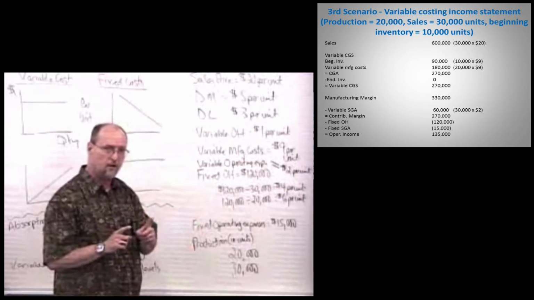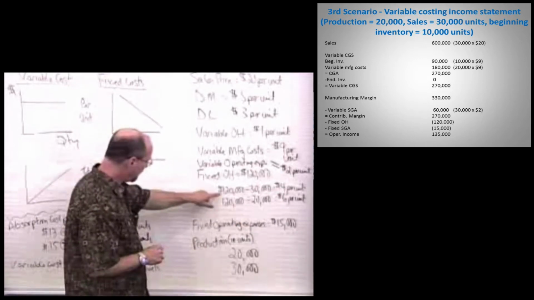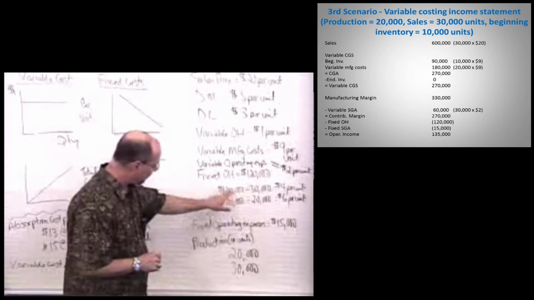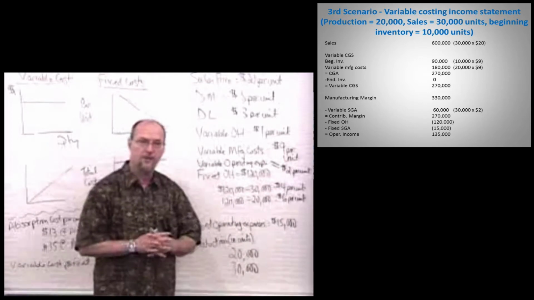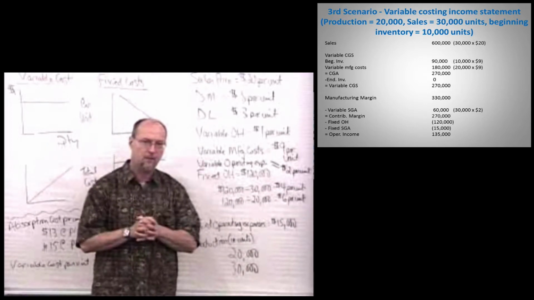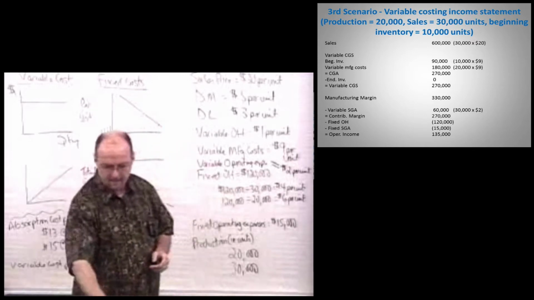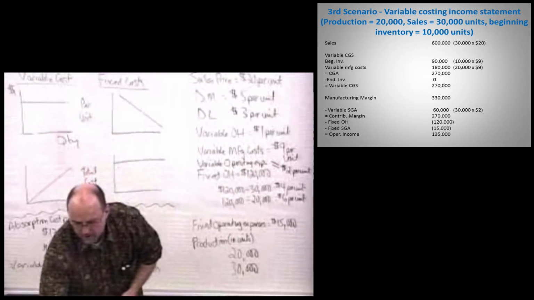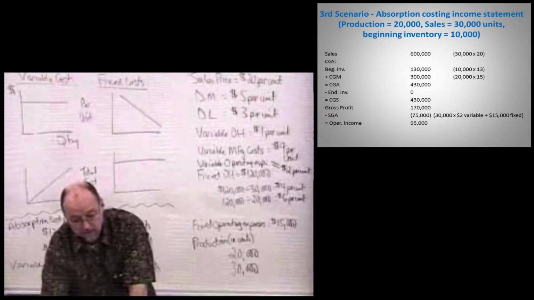In variable costing, all fixed costs are period costs. Fixed overhead, 120. Fixed operating expenses, 15. That's 135. 120 plus 15, 135. Operating income is 135,000 under variable costing. I'm going to go to the previous slide to compare my operating income. On the previous slide, absorption costing, operating income was 95,000.